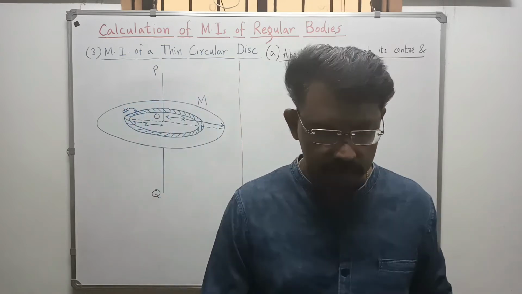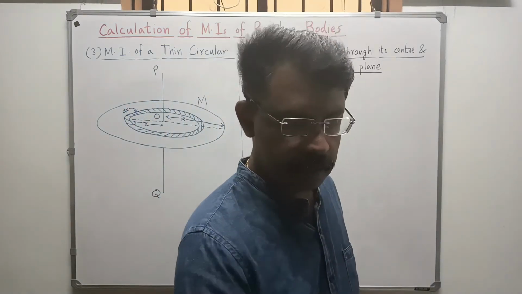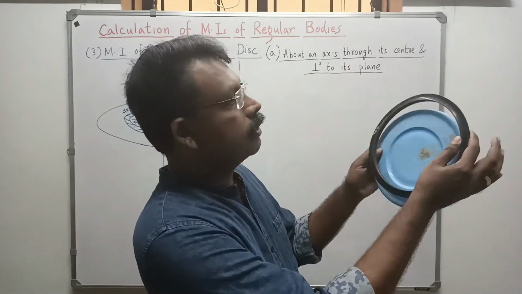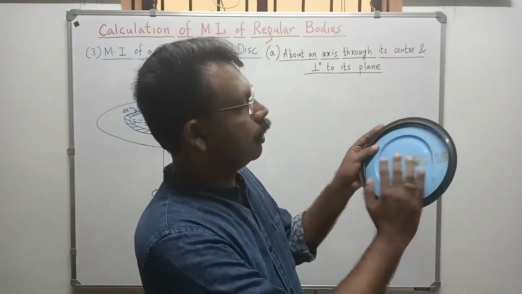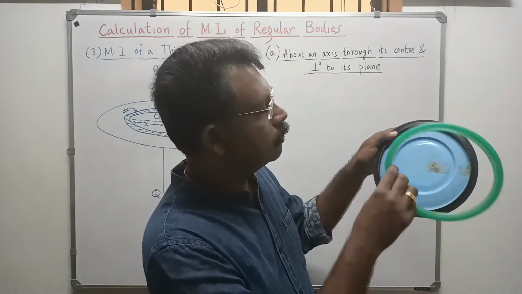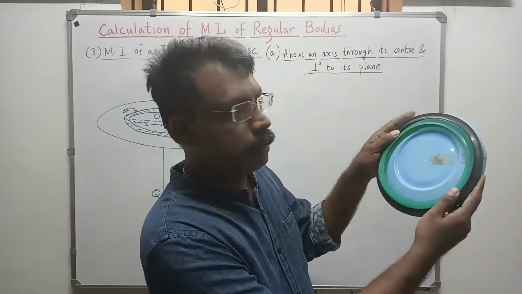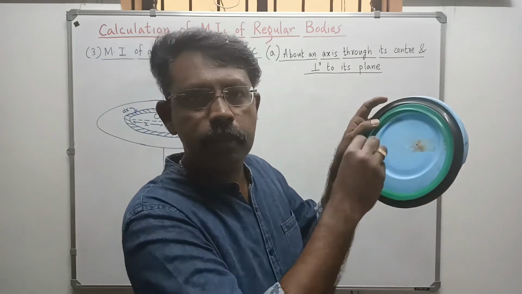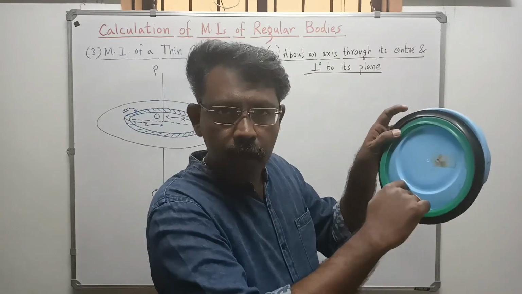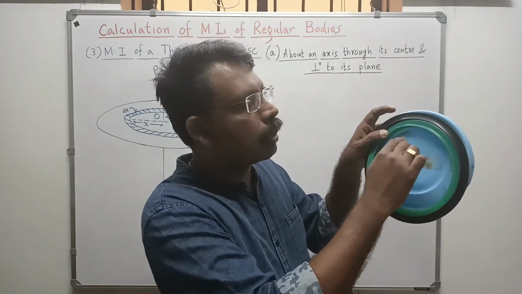For example, I can say that this disk is made up of a ring like this. If I join another ring here, it will come here. If I place more and more rings like this, another ring of smaller radius will come here, another ring of smaller radius like this.